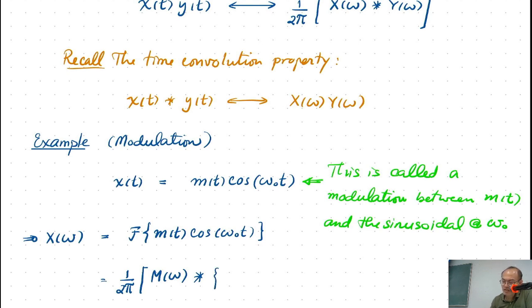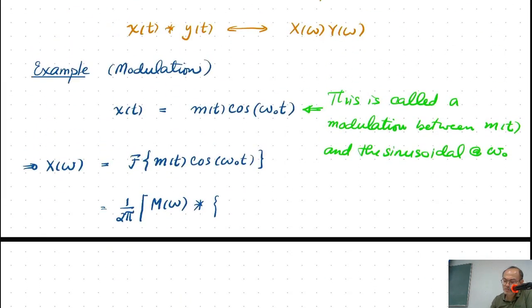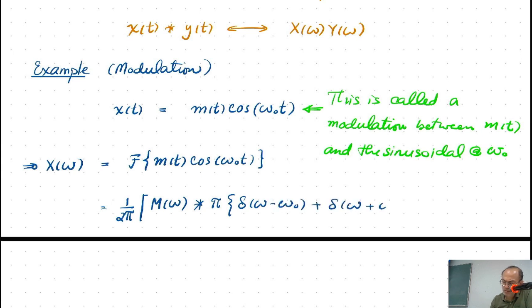the spectrum of cosine. And what is the spectrum of cosine? It is pi, times delta of omega minus omega 0 plus delta of omega plus omega 0.